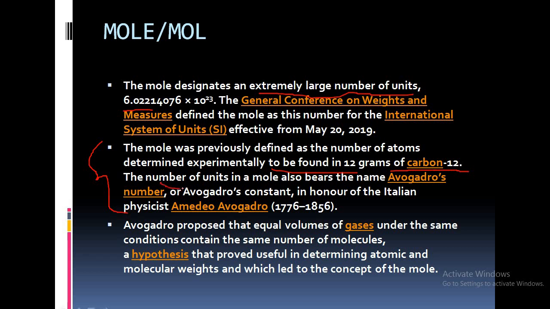The number of units in a mole is also known as Avogadro's number, or Avogadro's constant, in honor of Italian physicist Amedeo Avogadro. Avogadro proposed a hypothesis which states that equal volumes of gases under the same conditions will contain the same number of molecules, which was later useful for calculation of molecular weights and led to the generation of the concept of the mole.